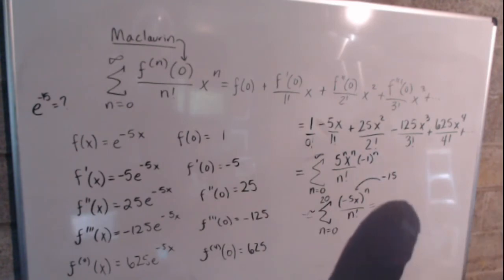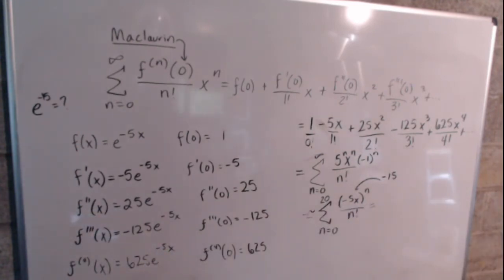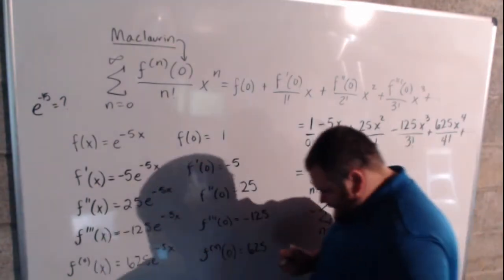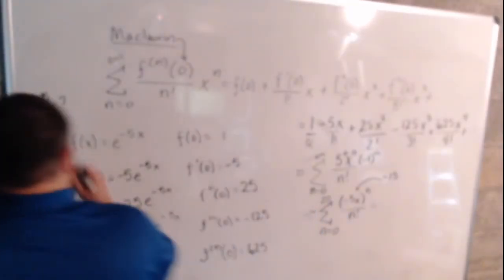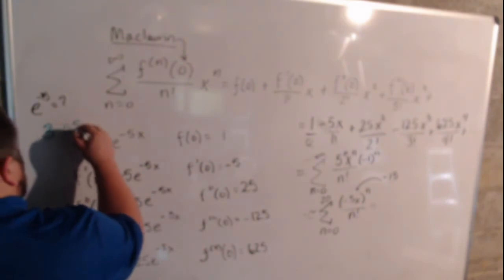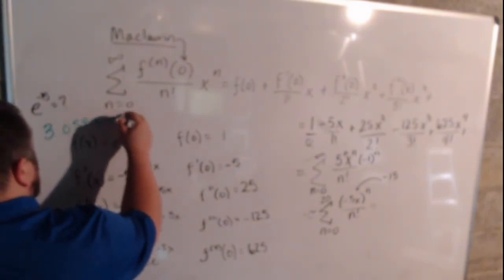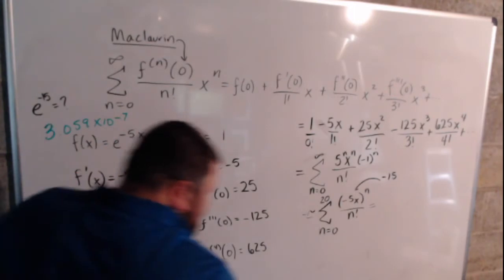Figure out what to do with my calculator. There we go. Alright, so first off, e to the -15 is 3.059 times 10 to the minus 7, I think it is.